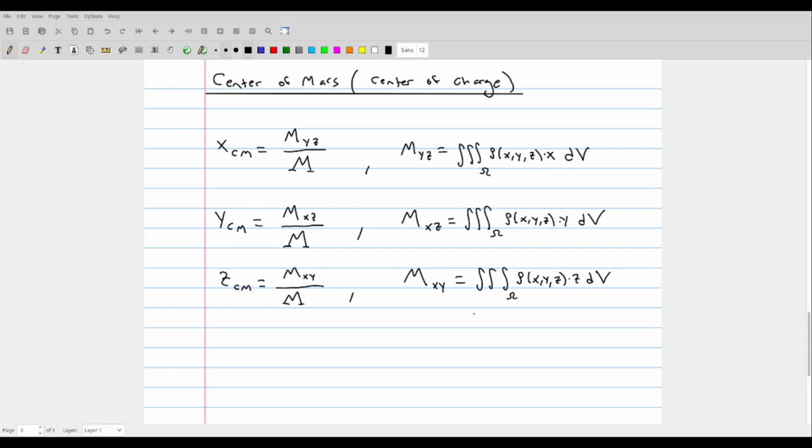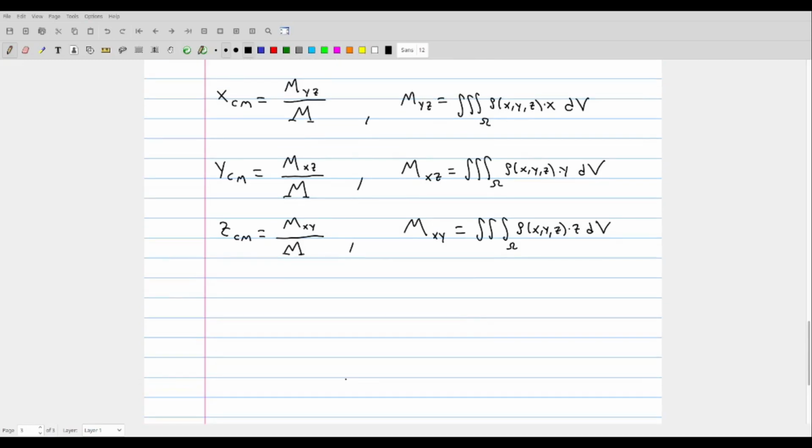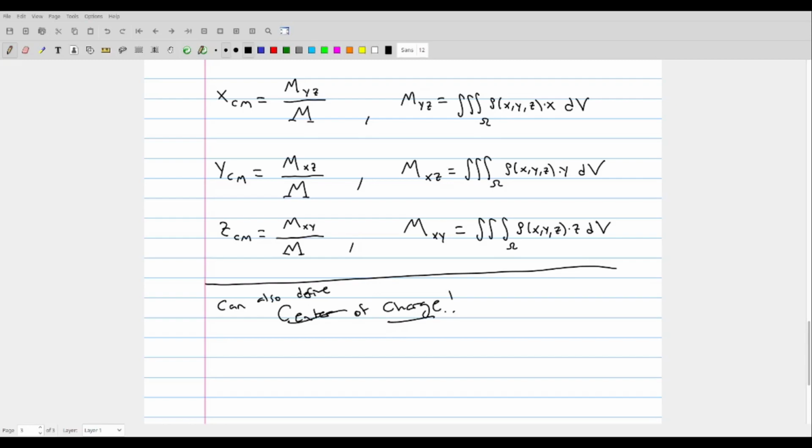It's important to also note that we can use almost the exact same formulas as the ones we've defined here to define the center of charge, which is in some sense like an average center of the charge density function or charge distribution on some charged object.